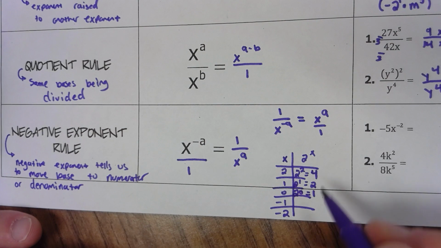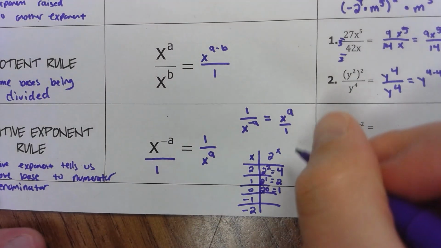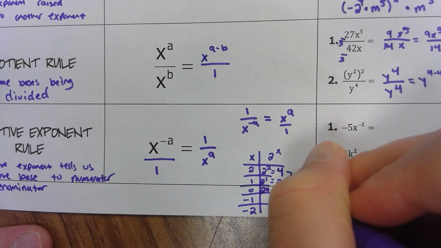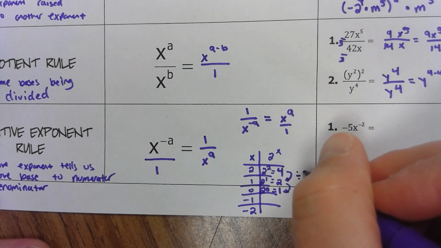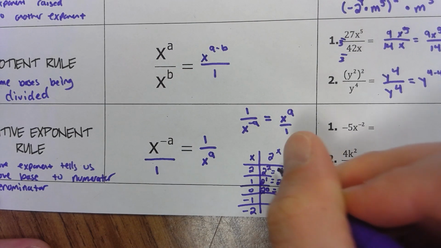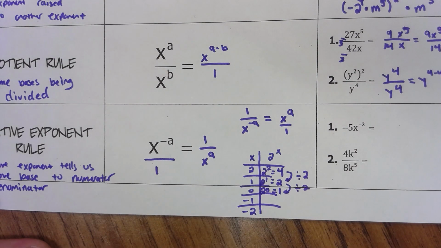Now, if we look at these y values I get by applying that exponent, and I think about how I can go from 4 to 2 to 1, what operation is happening here? I'm dividing by 2 each time, right? 4 divided by 2 is 2. 2 divided by 2 is 1.